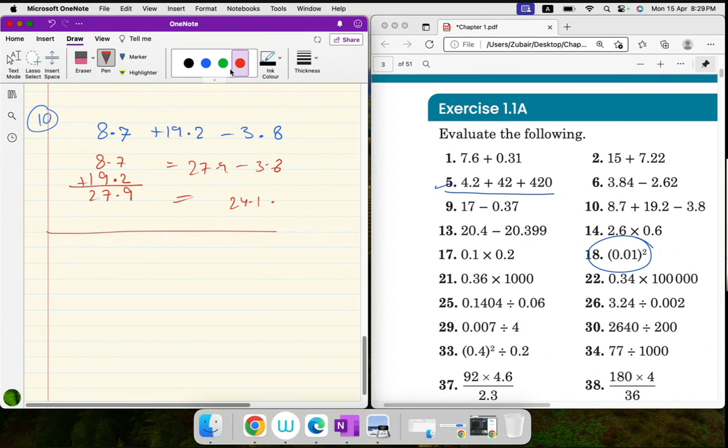This looks interesting. Question 13. 20.4 minus 20.399. So this is minus 20.399.